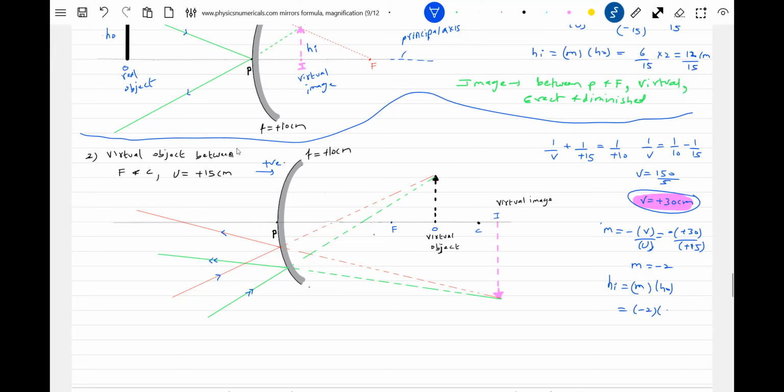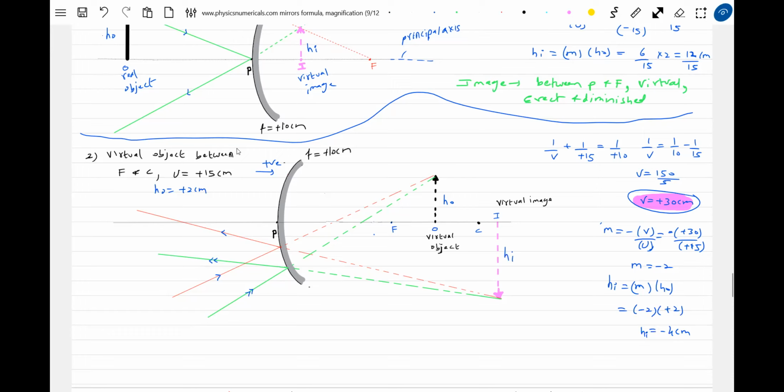Height of the object we have, let me take this height of the object, so this will be +2. So -4 centimeter. From the mirror formula and magnification formula, I'm able to predict that the image will be inverted, magnified. Okay, let's get into the ray diagram.